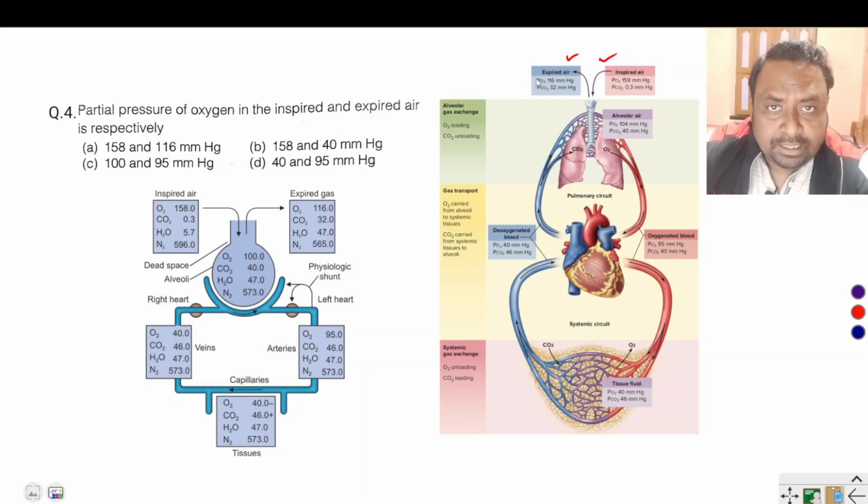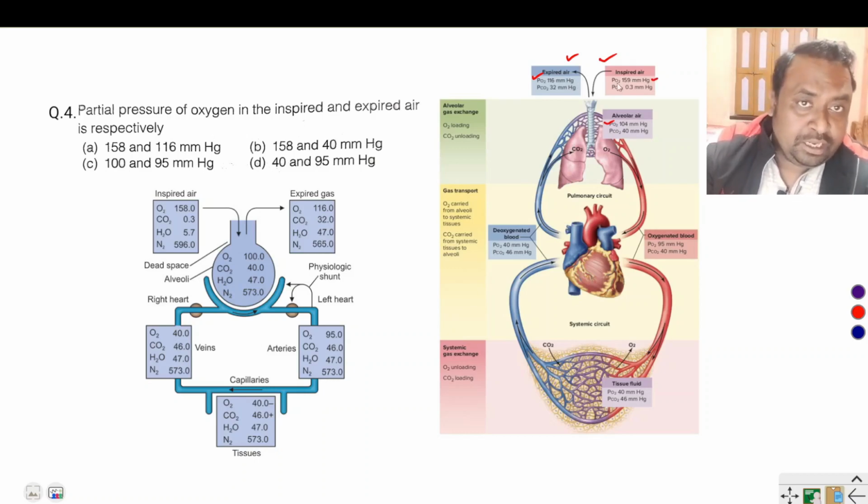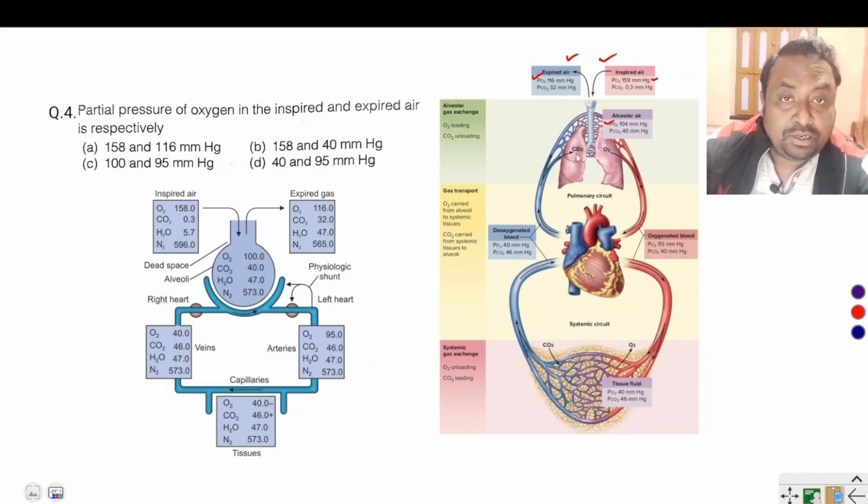So the partial pressure of oxygen in inspired air is 158 mmHg in the atmosphere, but in the lungs alveoli it is 104 mmHg. So from high concentration to low concentration, the oxygen enters. But in expired air, when oxygen is released outside, the partial pressure is 116 mmHg.